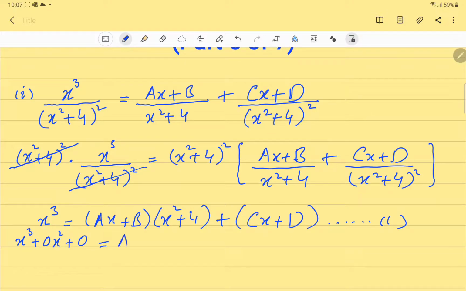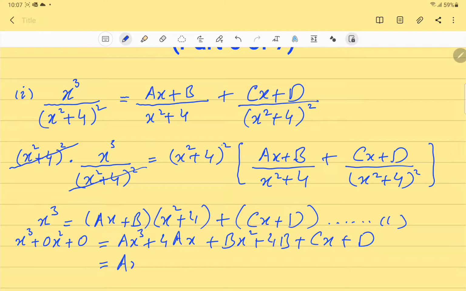We will multiply ax with x squared, and ax with 4 gives 4ax, plus bx squared plus 4b plus cx plus d. Now we will combine the terms of the same powers of x.